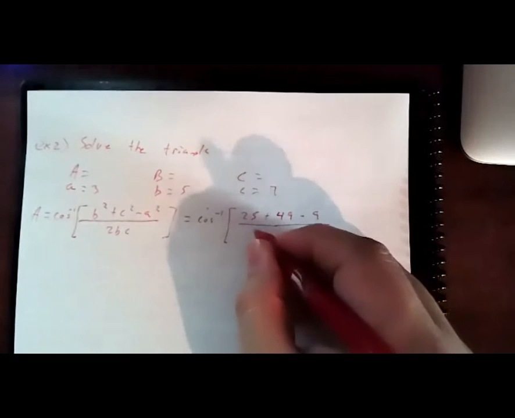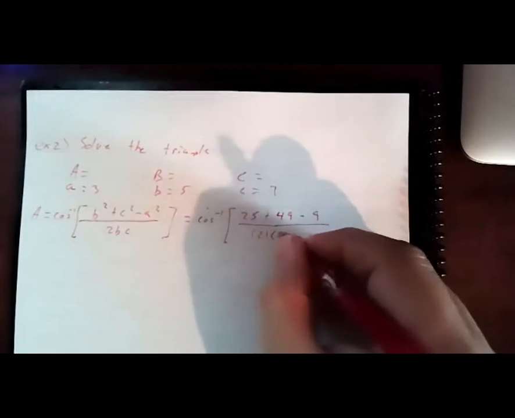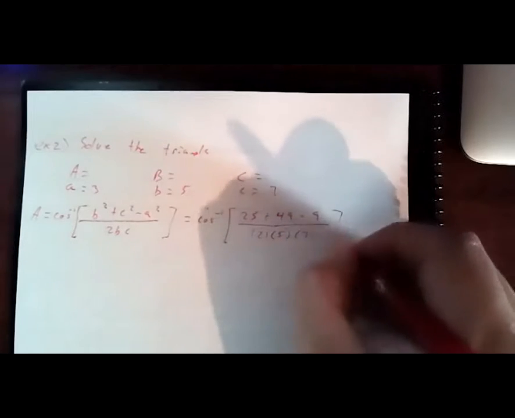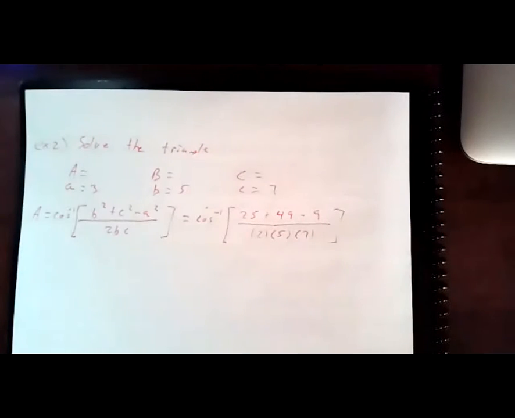And then the bottom will have 2 times B times C. Okay. What do you guys get for capital A?